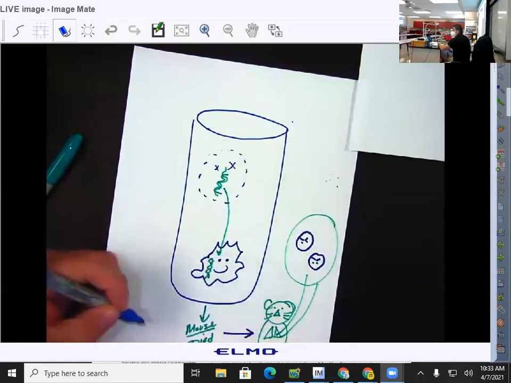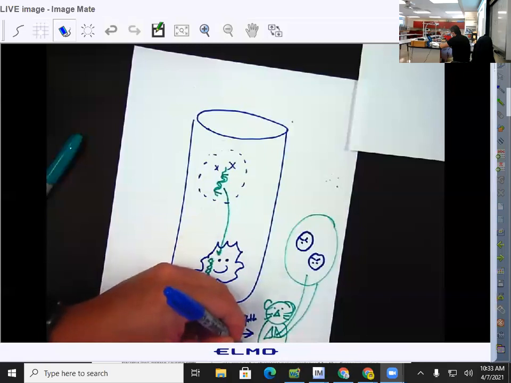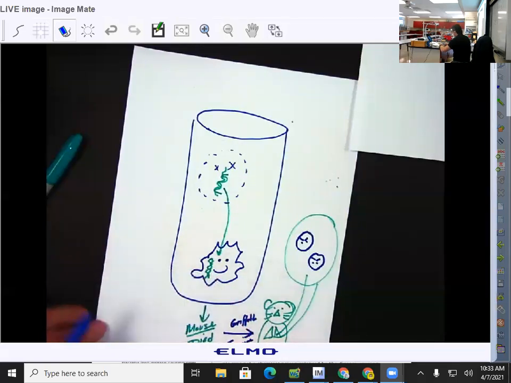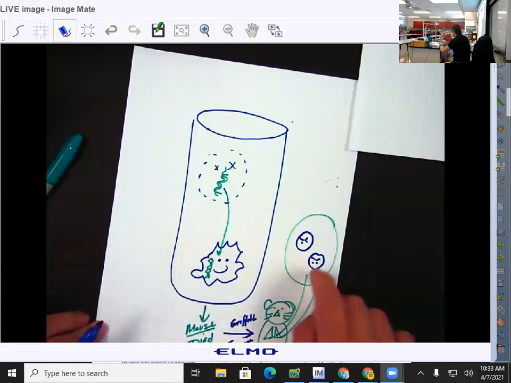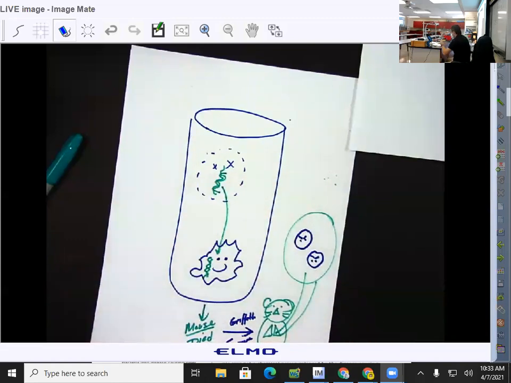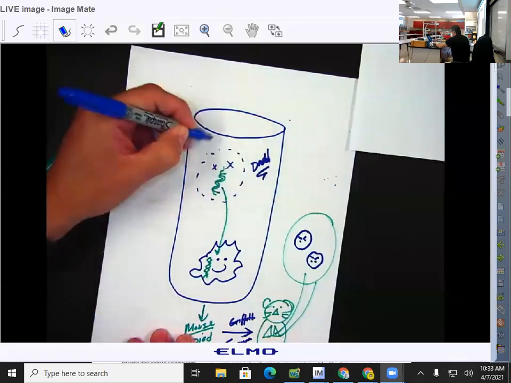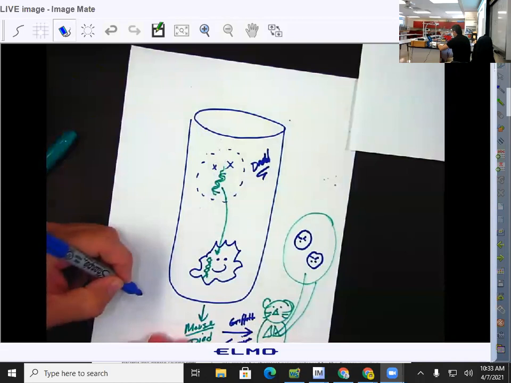When he examined the mouse, Griffith found these guys. Where did these guys come from? If they were dead, remember, these guys were dead in the juice. What happened?